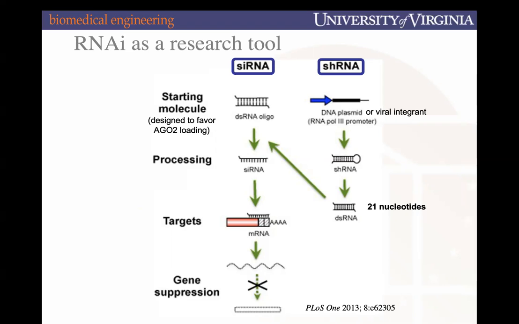And there's a couple different ways that we can go about doing this. One is an siRNA, whereby we start with a double-stranded RNA duplex that can specifically target an mRNA transcript of interest. It'll then be processed so that we have a single strand that will be loaded into Argonaute to then target an mRNA transcript of interest.